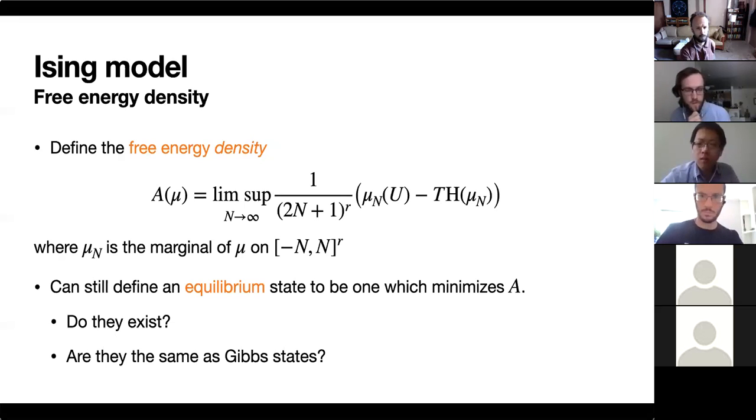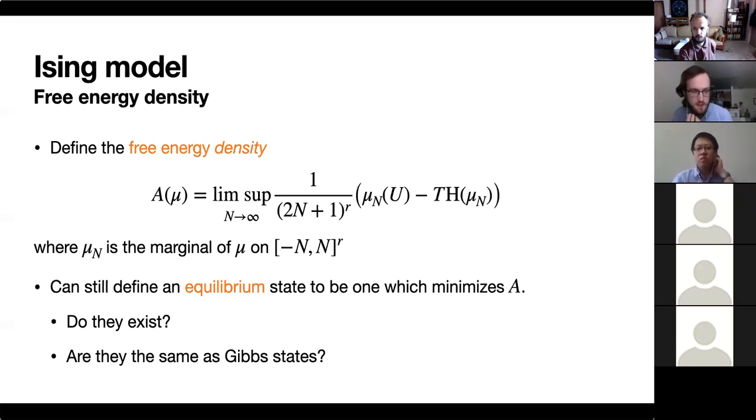Okay, so back to free energy, which you just brought up. A natural thing to do if the free energy is going to be infinite is to try to define some free energy per site, or free energy density, since it's the infinite size of the system which is causing the infinite quantity.